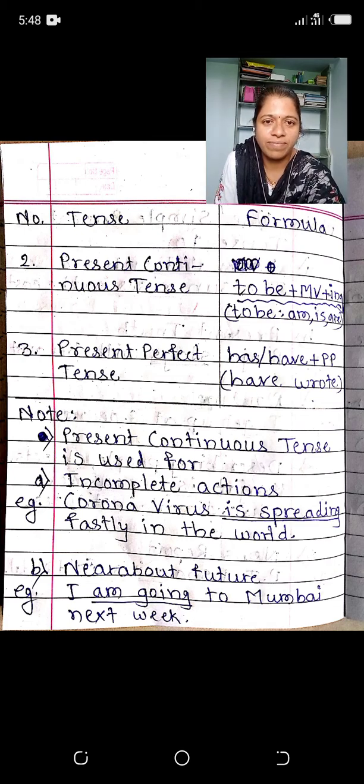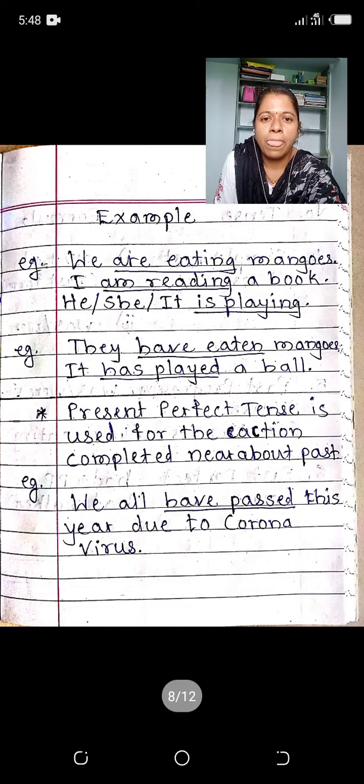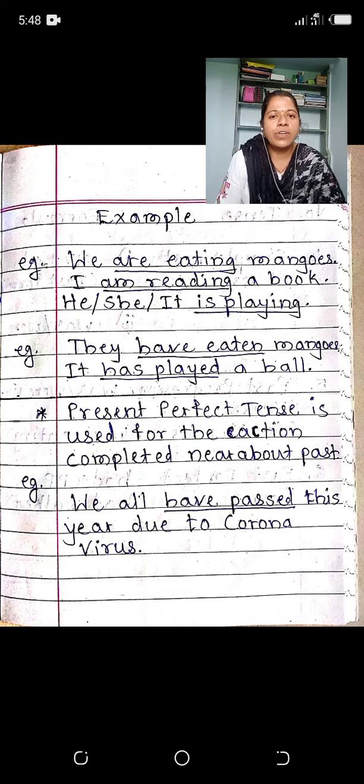Have written. Present perfect tense. See, for example, they have eaten mangoes. It has played a ball. I have written a letter. Okay, have plus pp: eaten, played, written, etc.